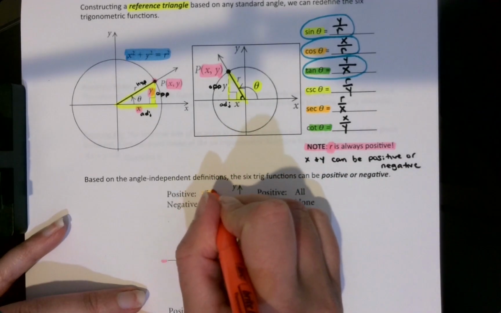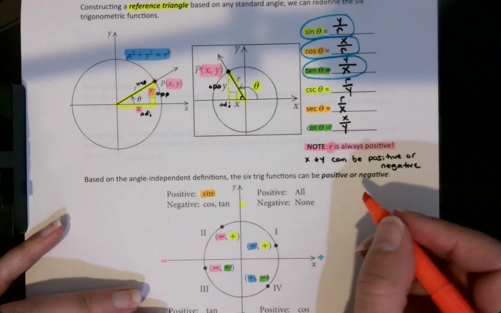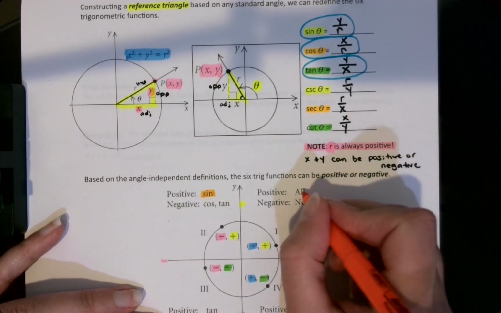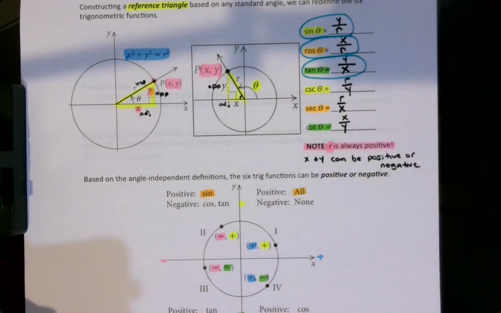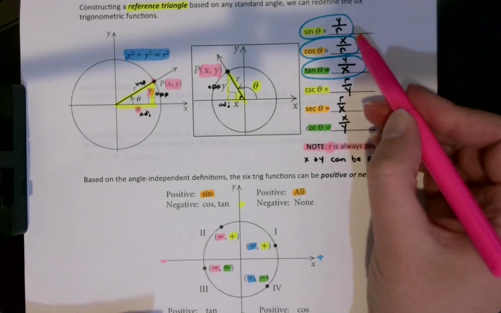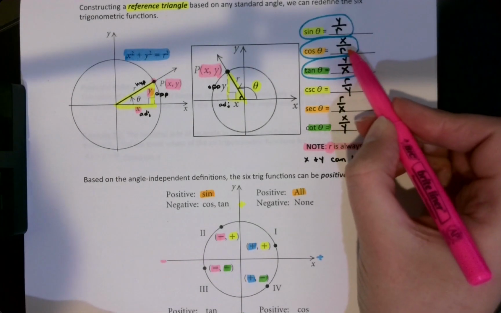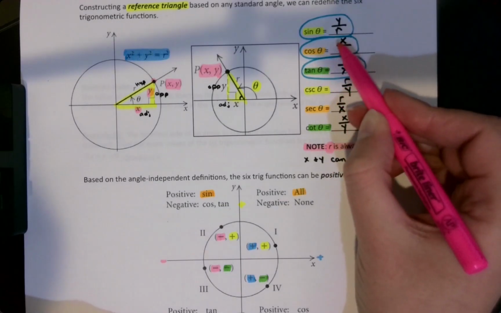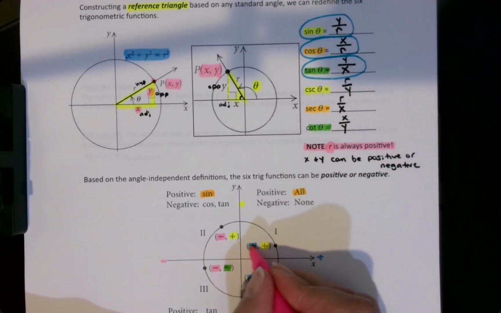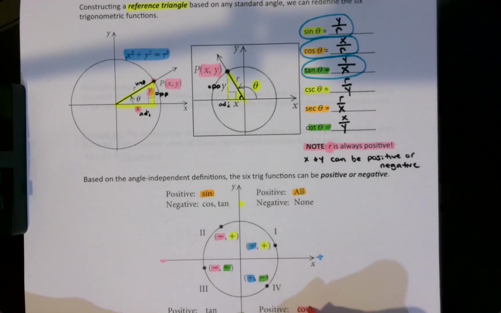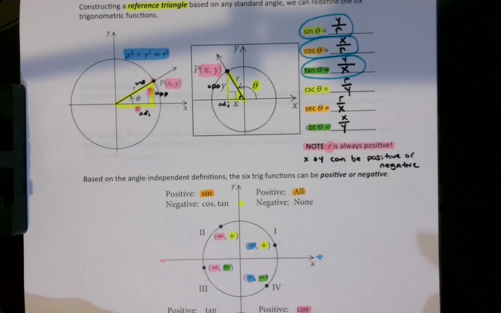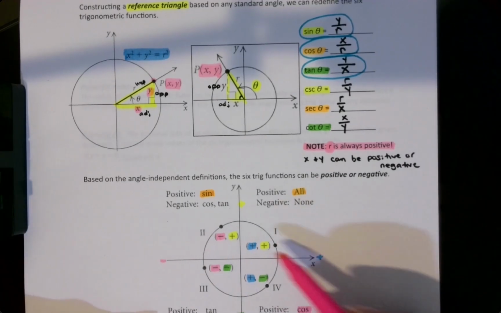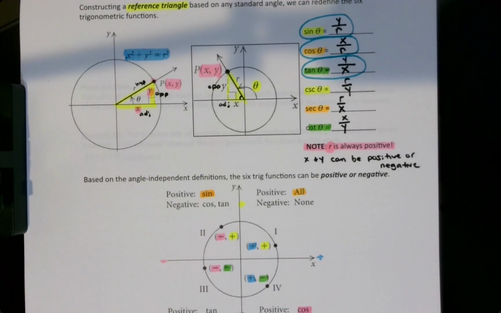So sine is positive in quadrant 2, and it's also positive in quadrant 1. They're actually all positive in quadrant 1. If I think about cosine, cosine deals with x over r. Remember, r is always positive. So cosine is positive where x is positive. So cosine is going to be positive in the first and fourth quadrants here.